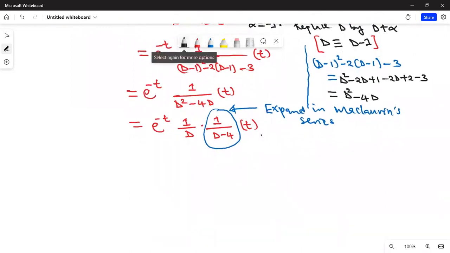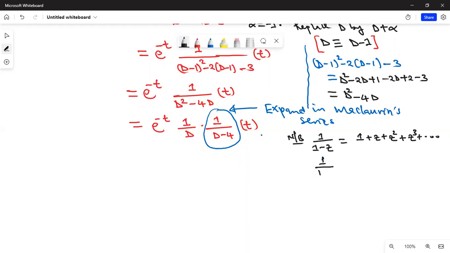Let us take note that when you have 1 over 1 minus z, this is the same as writing 1 plus z plus z squared plus z cubed plus so many other terms up to the last one. And when you have 1 over 1 plus z, it is the same as 1 minus z plus z squared minus z cubed plus so many other terms.